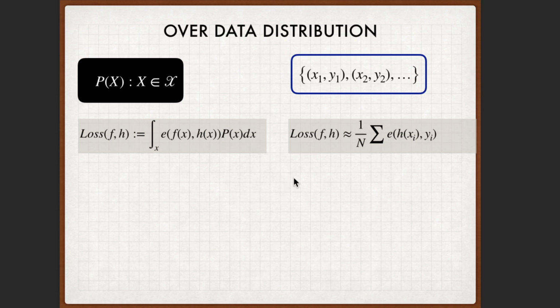On the right hand side of the slide is what we actually practice in learning algorithms. We optimize a delegate of this unknown ideal loss function.